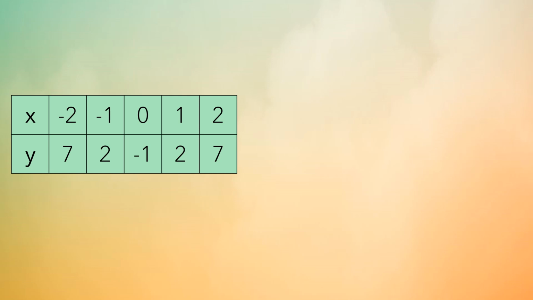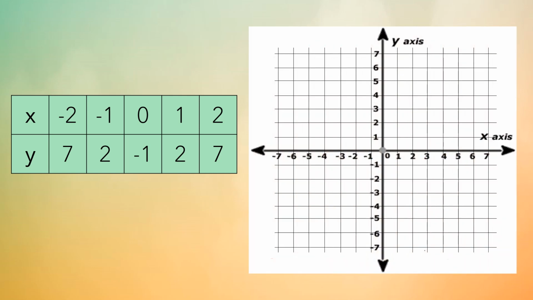Another example for the table of values. So let us again plot the points. First ordered pair, negative 2, positive 7. So negative 2 is the x coordinate and positive 7 is the y coordinate. So let us plot the point and then name this as negative 2, 7. Next is negative 1, positive 2. So dito magpo-fall yung ating point and then name this as negative 1, 2.